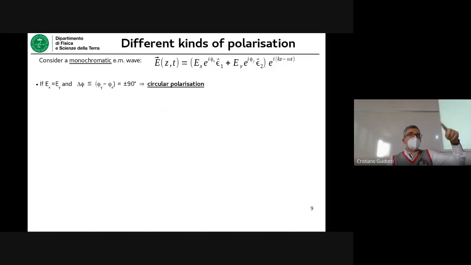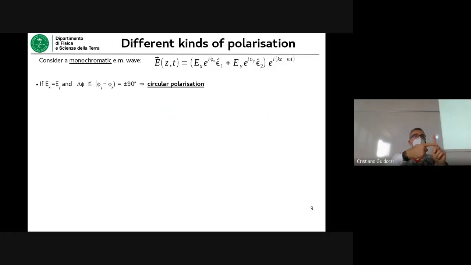And this is easy to think. If you think of the composition of harmonic oscillations onto different perpendicular axes, this is something that you should know from basic physics.